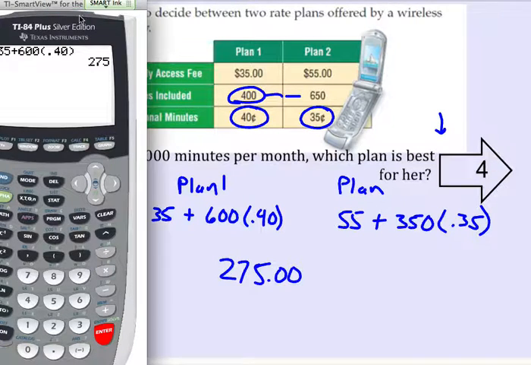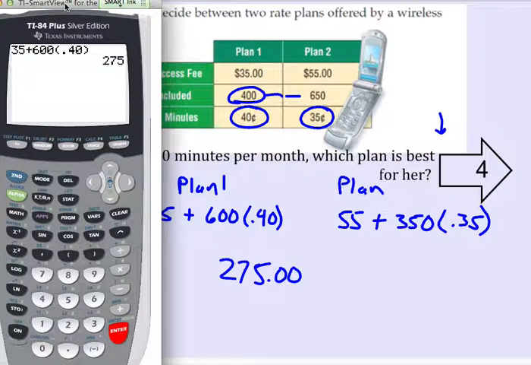Plan 2 now would be $55 plus, what is it, 350 times, so we'll just do parentheses there, 0.35, and hit enter. And that's $177.50.